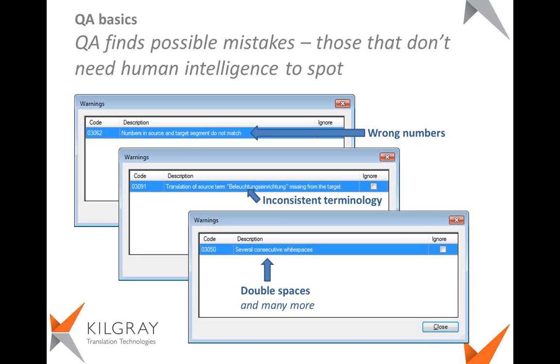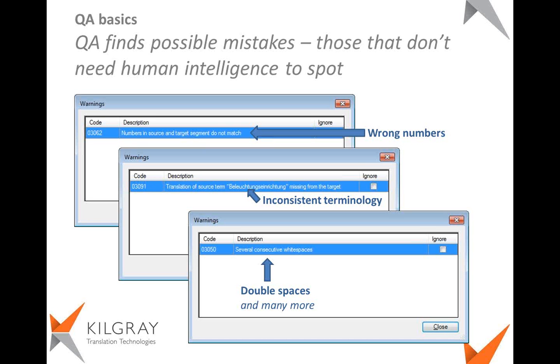But there are very trivial, very obvious mistakes in translation, like numbers being wrong, like the source text talks about 3 apples and the translation somehow contains 6 apples. In the meantime, let me make you think a bit.